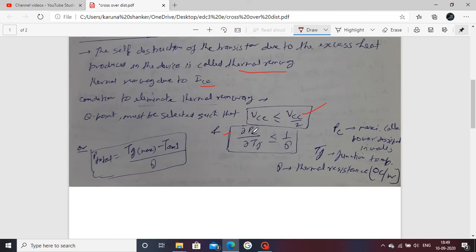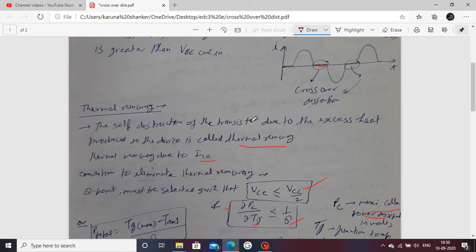Second, we also select this relation to reduce the thermal runaway problem: the differential of PC with respect to junction temperature, where PC is the maximum collector power dissipation in watts, TJ is the junction temperature, and theta is the thermal resistance in degrees centigrade per watt.